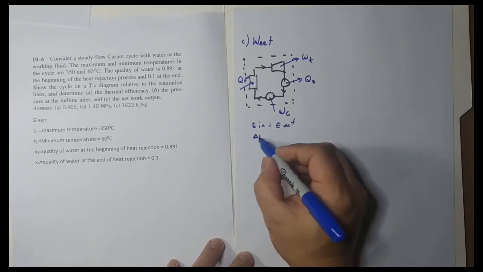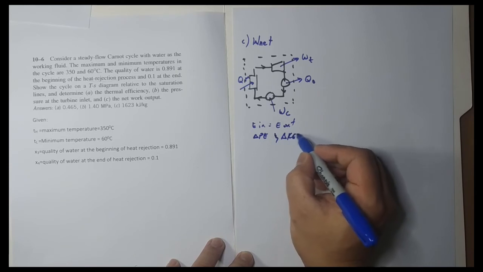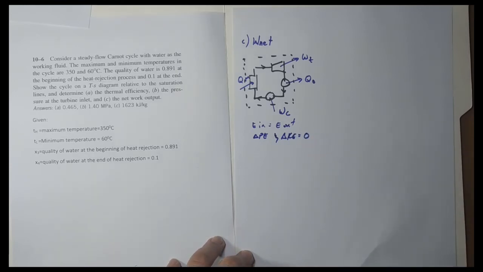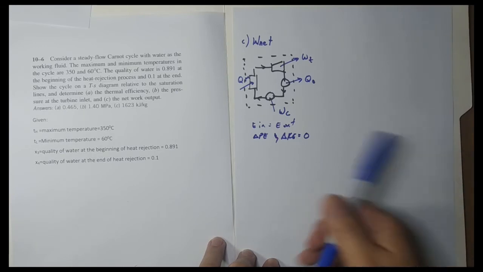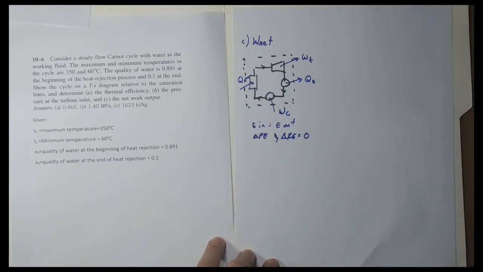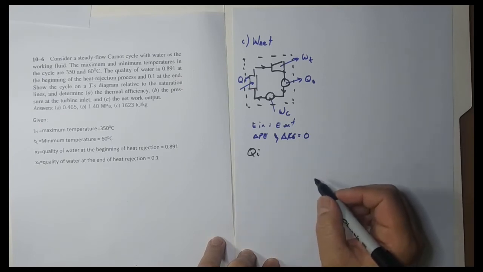Tapos, kapag yung change in potential energy and change in kinetic energy ay negligible or zero, okay, malalaman natin na ang energy in, energy out dyan ay you have Q in. So, papasok yan, Q in. Okay.